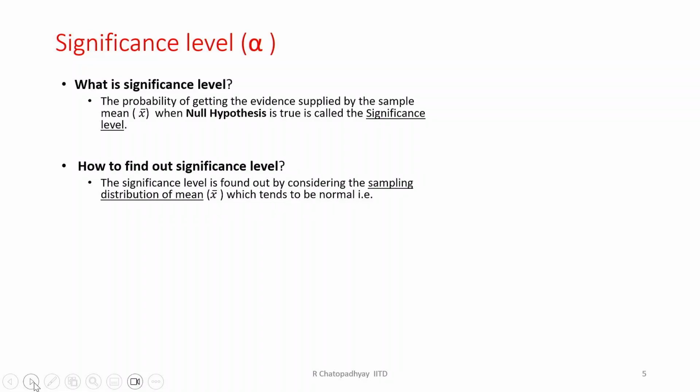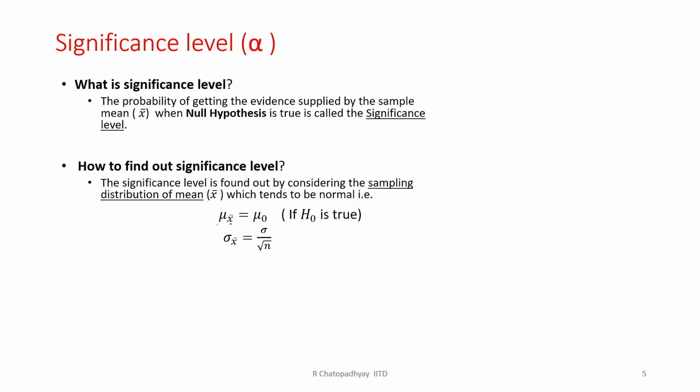And we have already learned previously that the distribution of sample means will always follow a normal distribution, irrespective of the distribution of the population. That was discussed previously. That means statistically we will write mu x bar is equal to mu 0.